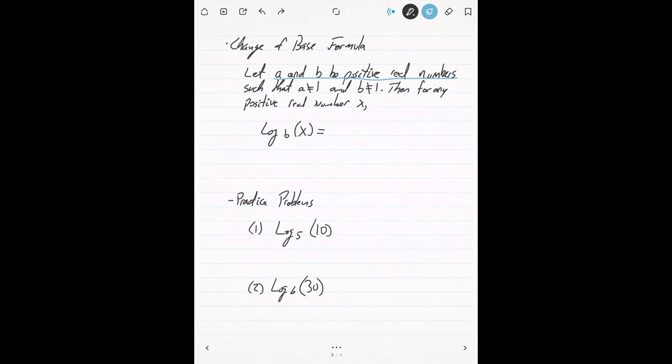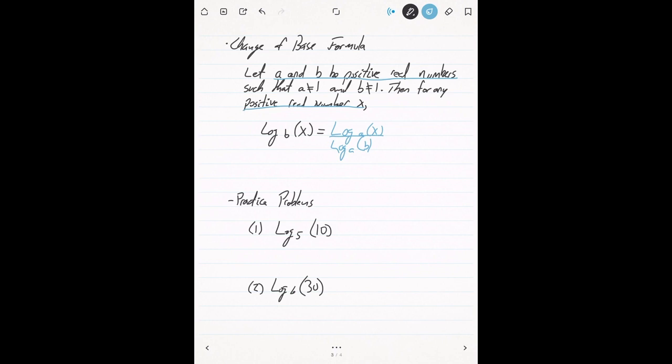Then, for any positive real number x, we have this property: log base b of x is equal to log base a of x all over log base a of b.